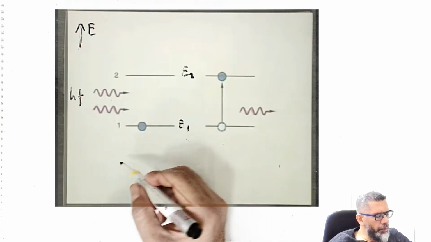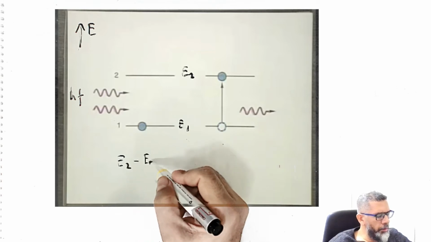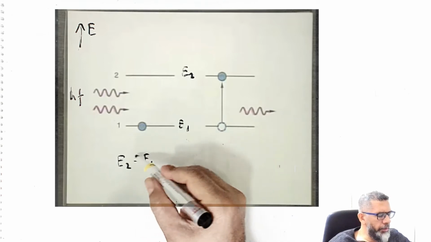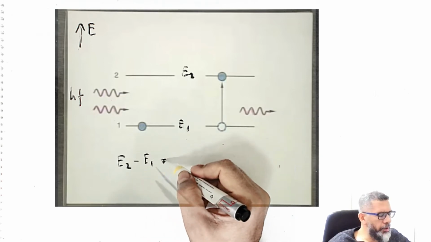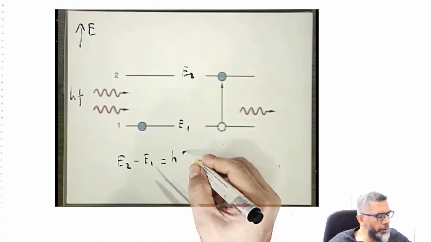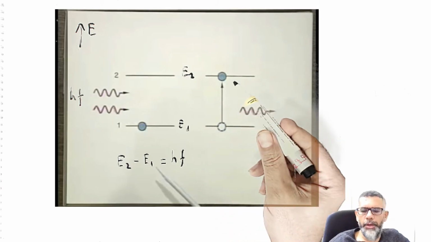So obviously E2 minus E1 is non-zero, and it's a positive number. If this difference in energy is just enough for the photon energy hf, then this happens, okay?